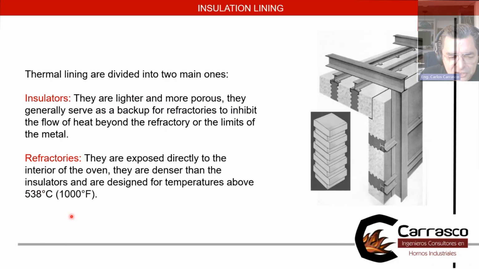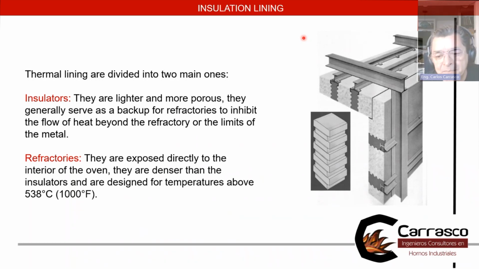The insulations work up to 538, and above that, then you have to start using refractory. And it can stand temperatures probably up to a thousand and more Celsius degrees for a heat treating operation. Not for melting. Melting of steel is a different kind of animal.